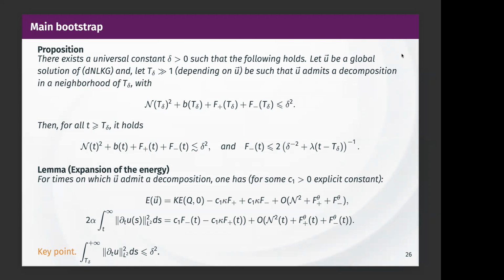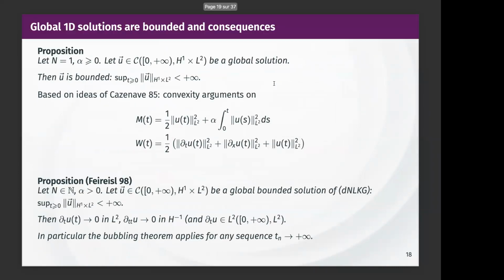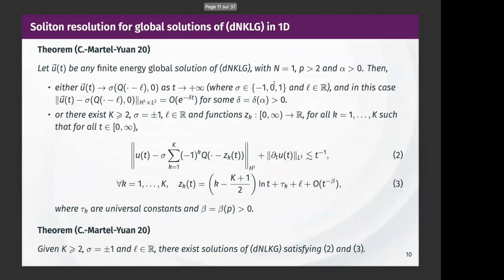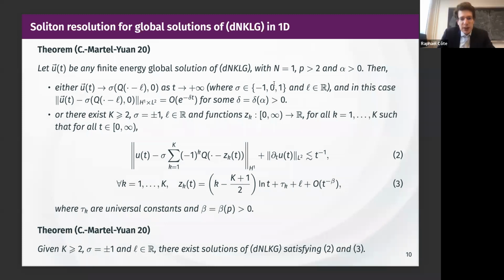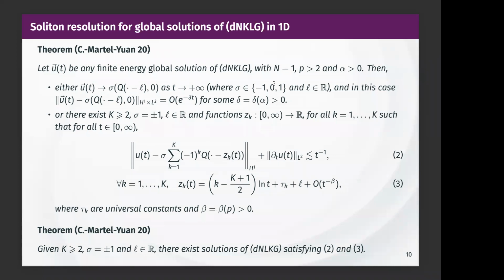Yes, may I have one question? Yes, please. In the theorem on slide 10, the first few theorems, it seems that the result is completely independent from the alpha parameter. Even in estimate 2, the t minus 1 is completely independent from alpha.